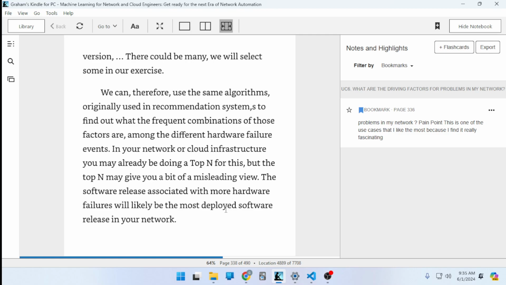That's a good point. So let's say you want to say like, which device, Cisco, Juniper, or Extreme is more reliable. Oh, well, look, we have all these Cisco failures. Yeah, well, 99% of your network is Cisco. Of course, they're going to be the ones that fail the most.